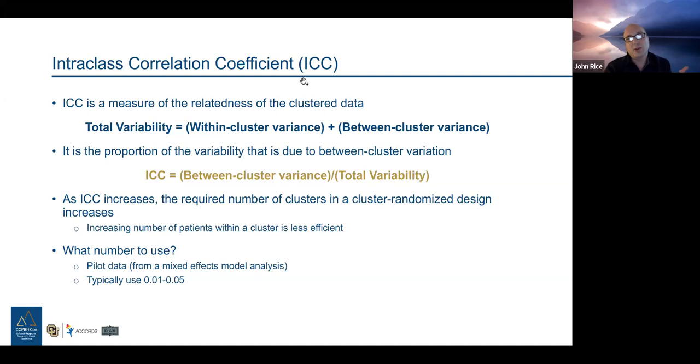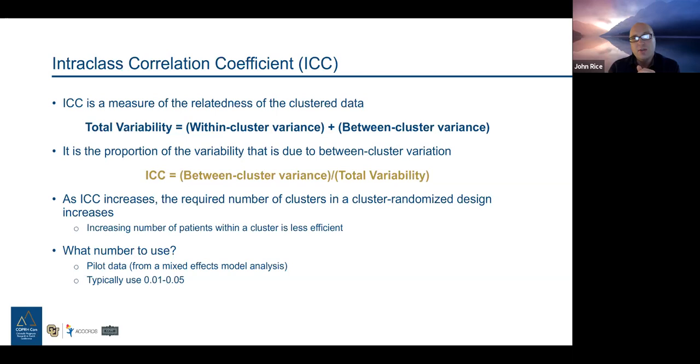If we think about it as partitioning total variability into two components, within-cluster variance and between-cluster variance, then the ICC is equal to the between-cluster variance divided by the total variability. So it's the proportion of total variability that's explained by the between-cluster variance.